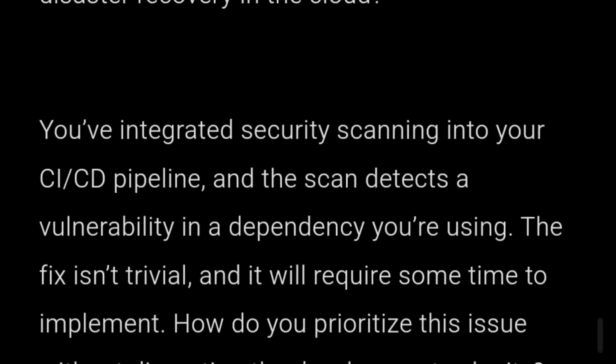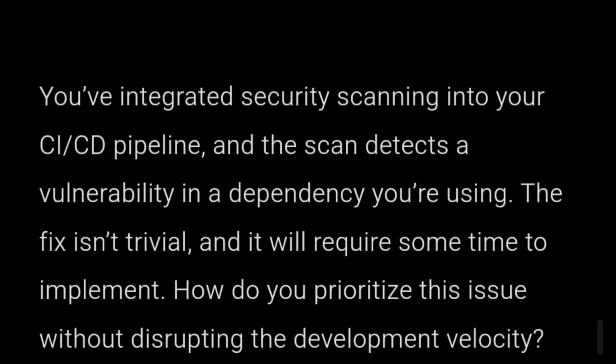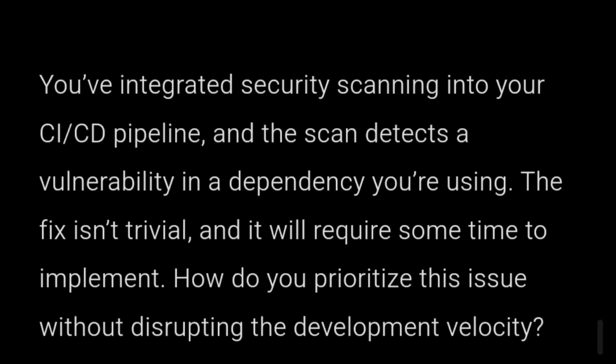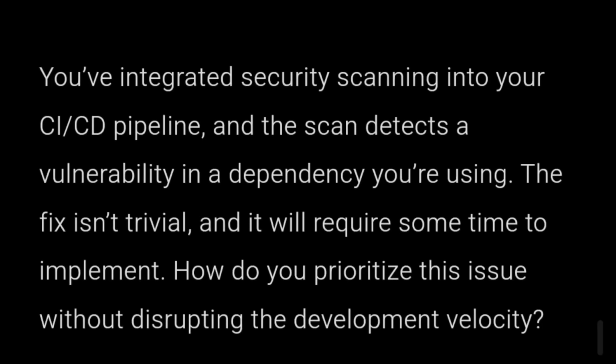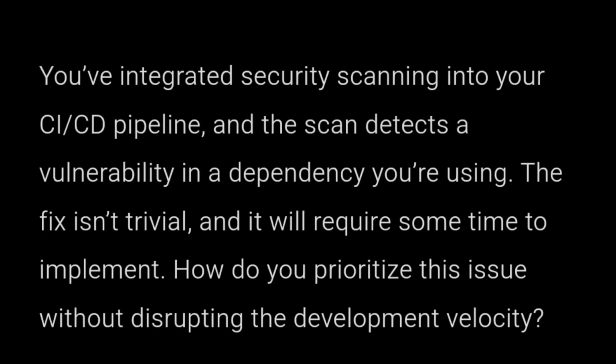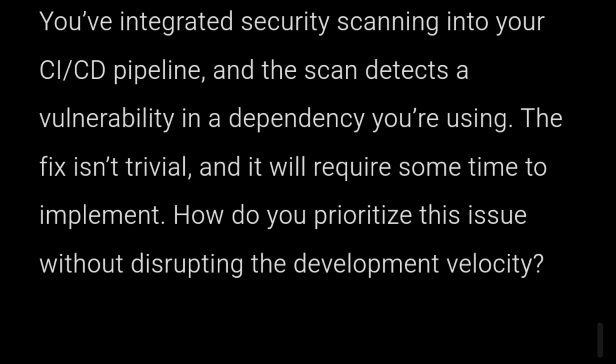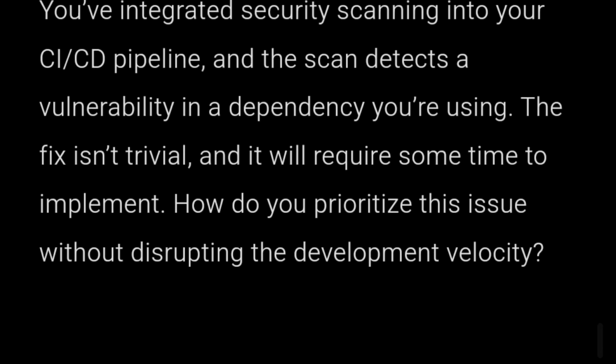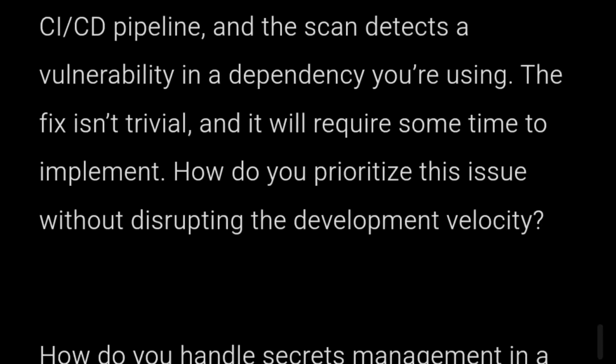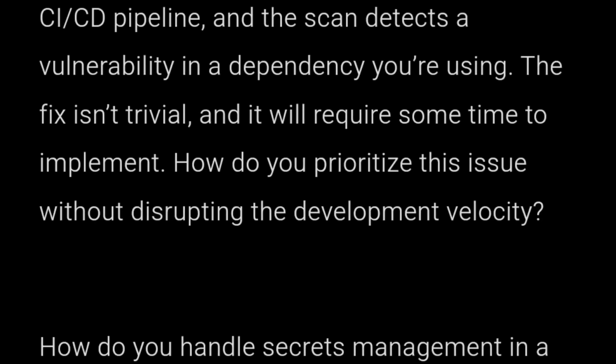And the next question: you have integrated security scanning into your CI/CD pipeline, and the scan detects a vulnerability in a dependency you are using. The fix isn't trivial, and it will require some time to implement. How do you prioritize this issue without disturbing the deployment velocity?